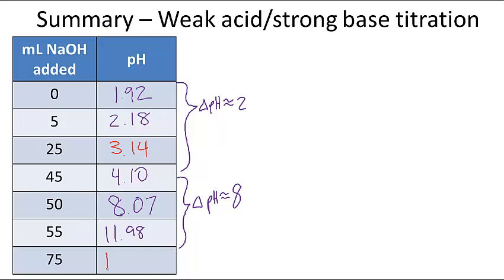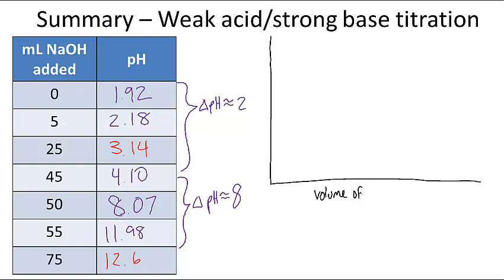Let's make a rough sketch of what this looks like. So if we make a graph of pH versus volume of NaOH added, we know that at 0, the pH was 2.